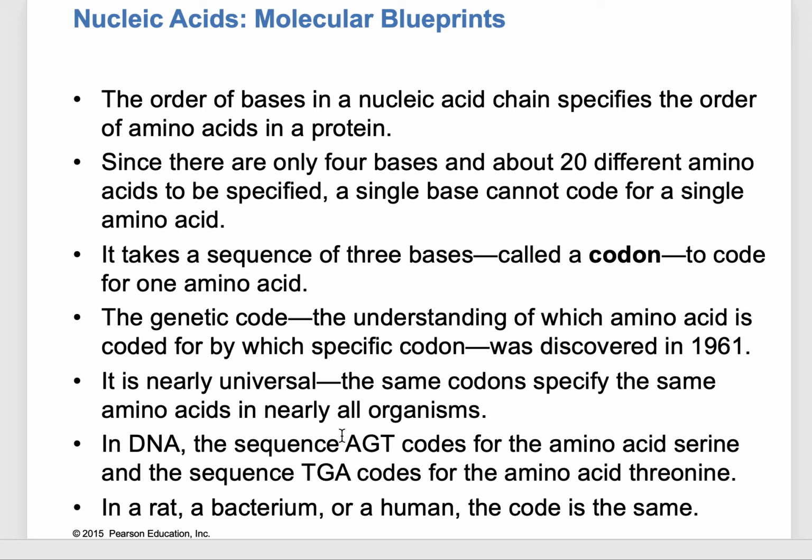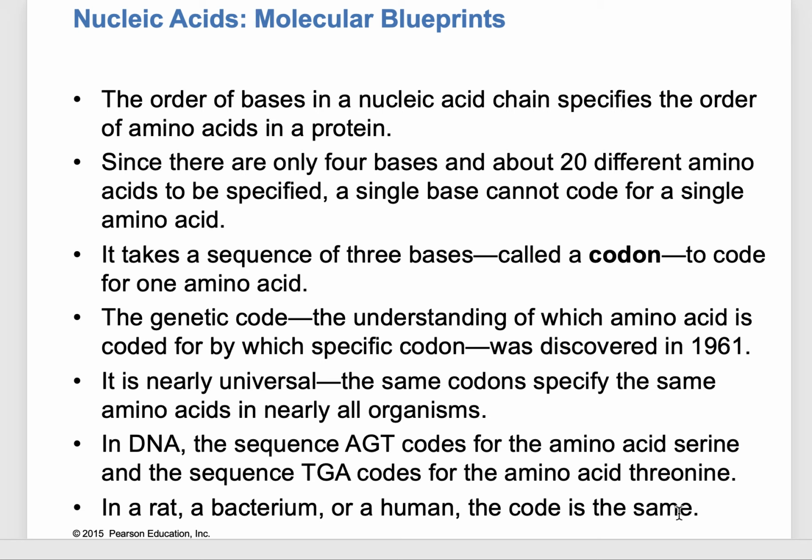And that concept was discovered in the early 60s, 1961. Now, for example, in DNA, AGT codes for the amino acid serine, and TGA codes for the amino acid threonine. So the order of the bases or the order of the nucleotides is very important.